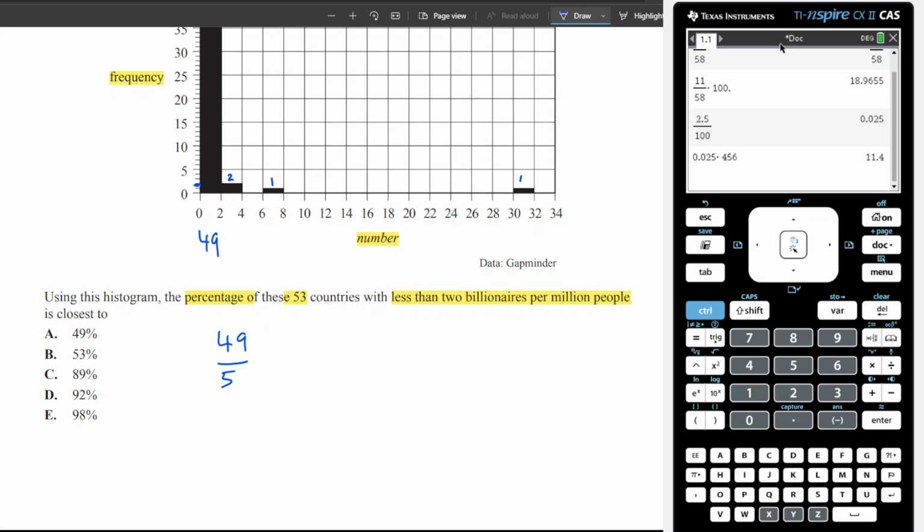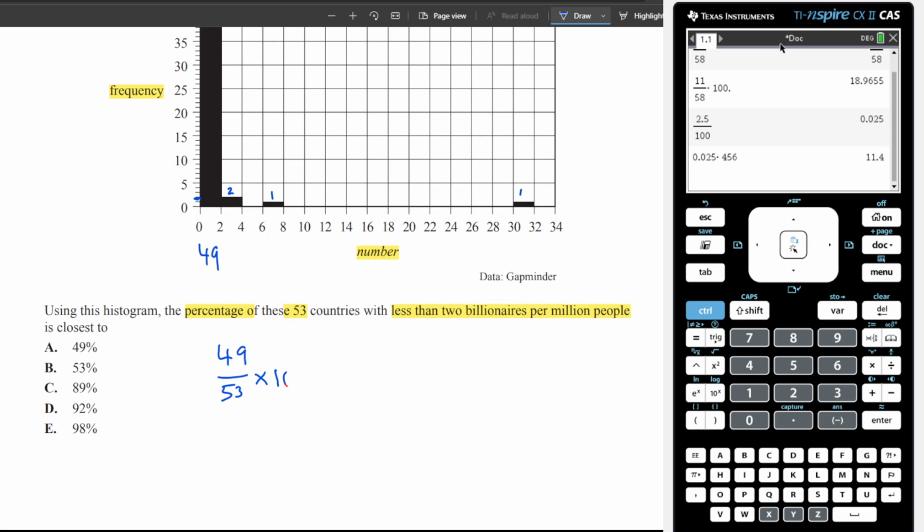Again, we're doing a simple percentage calculation. Multiply this by 100. And when we do this, we get 49 divided by 53. Divide by 53. Multiply by 100.